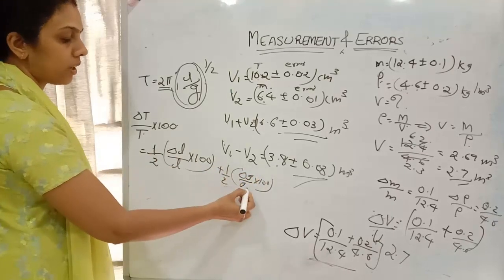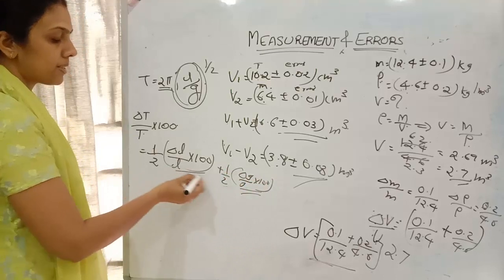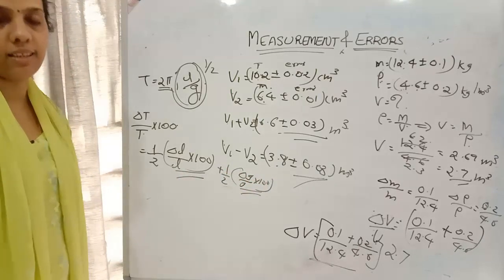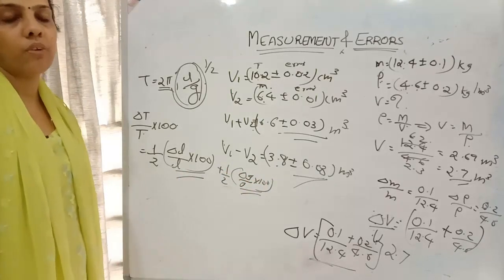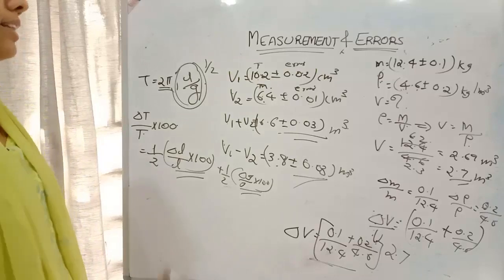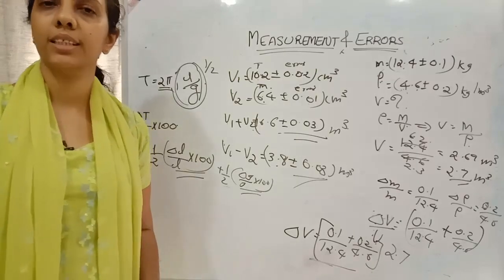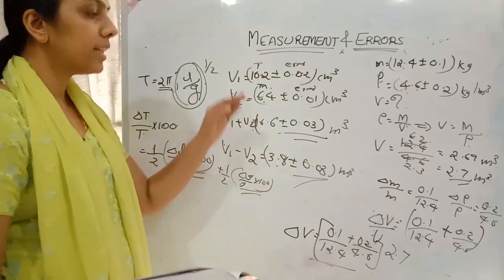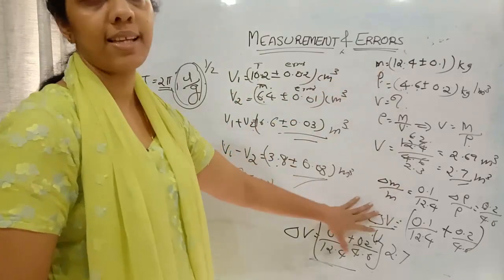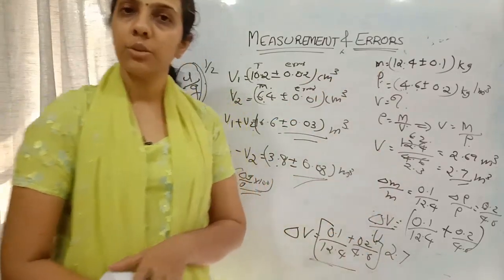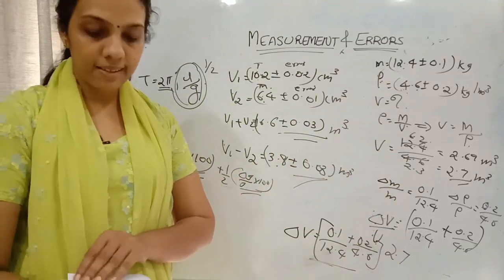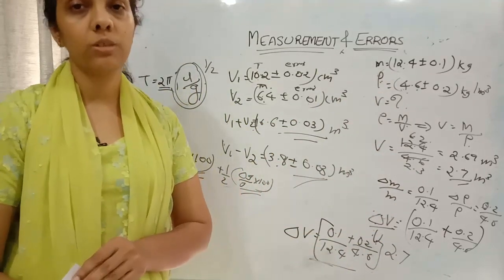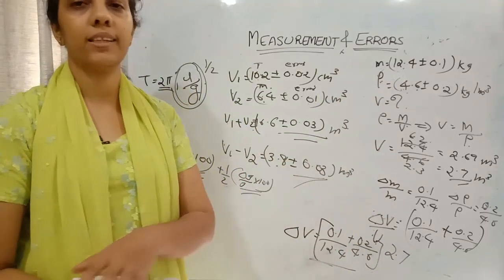So you should find the percentage error of L and the percentage error of G, and then you can add them up. You will get the final answer. So this is the theory part. I just gave you some examples here. So we will try to do the exercise questions. Please try to solve all the questions given after the theory session.